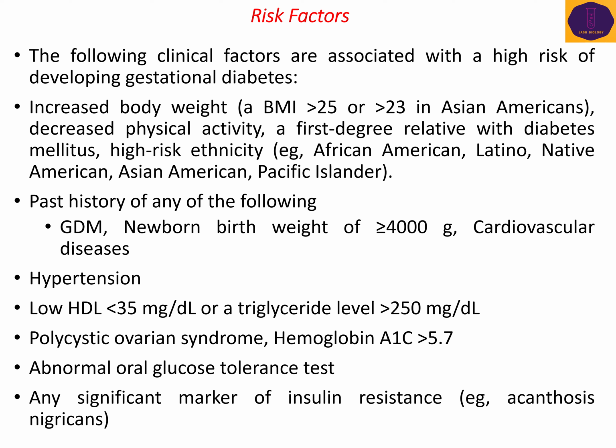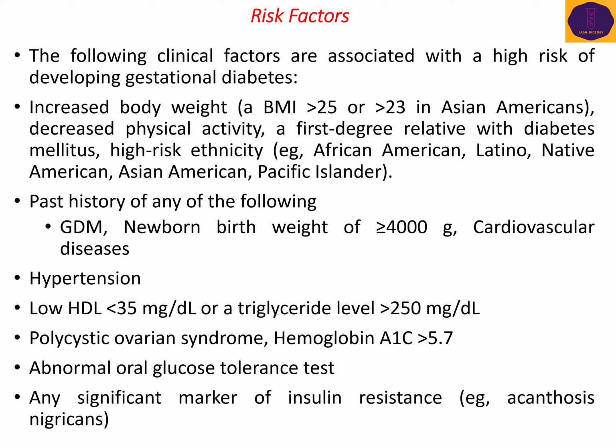to 4,000 grams, that is 4 kg; cardiovascular diseases; hypertension; low high density lipoprotein, less than 35 milligram per deciliter, or a triglyceride level greater than 250 mg per dL; polycystic ovarian syndrome; hemoglobin, glycated hemoglobin greater than 5.7.